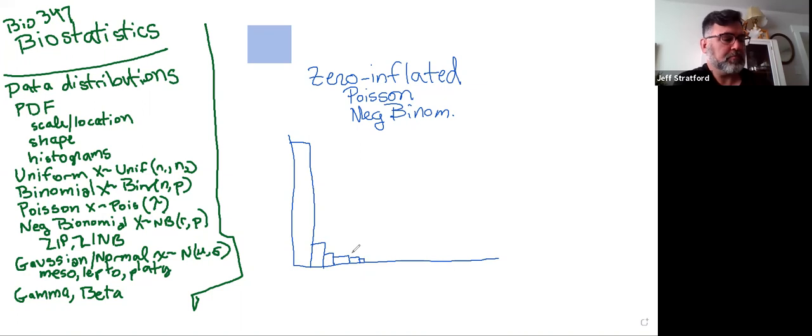If this was a normal Poisson distribution, you would expect this many zeros, but instead you're getting this. Or even a negative binomial. Based on one of these distributions, what you observe is this huge stack of zeros.